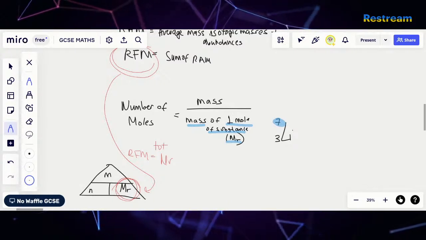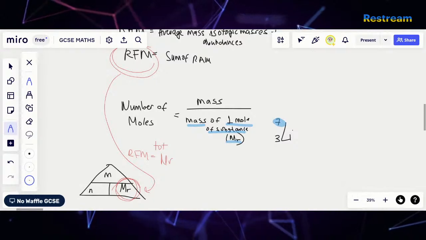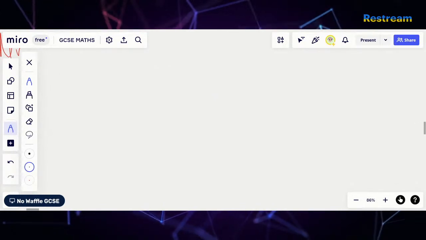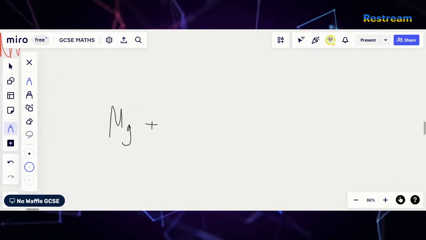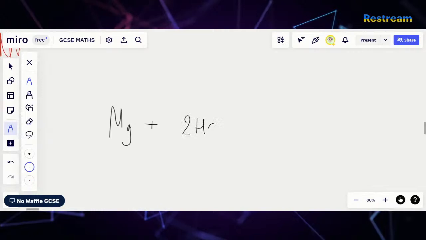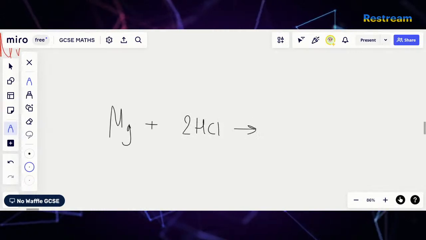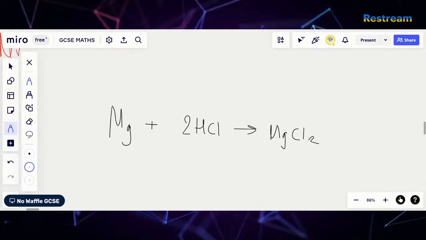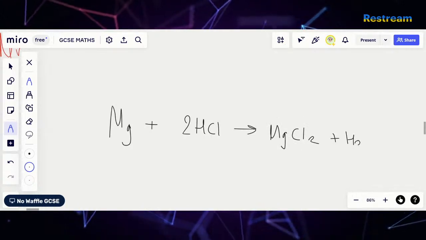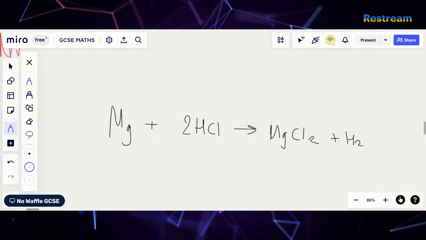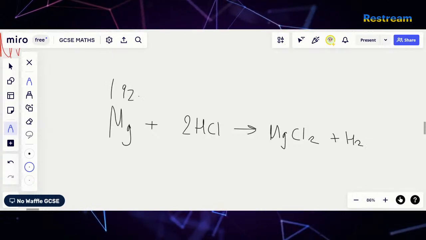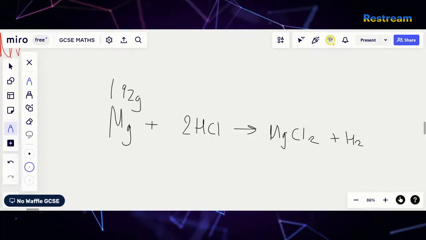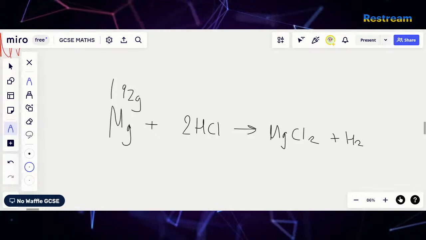Now, if you're doing reacting acids, which is quite an important skill, we had a question like this: magnesium plus hydrochloric acid creates magnesium chloride plus hydrogen. You're given 192 grams of magnesium and you're being asked to work out how many grams of hydrogen.